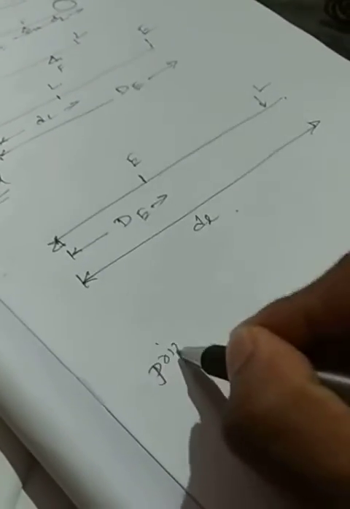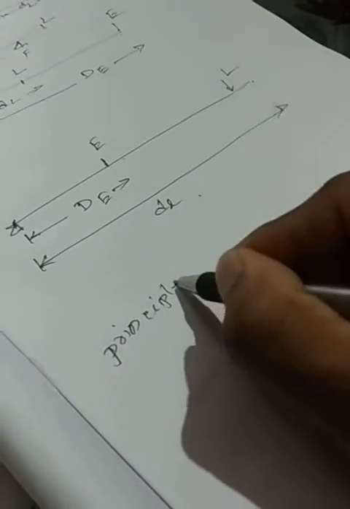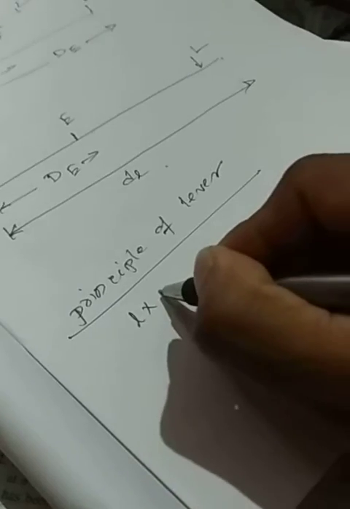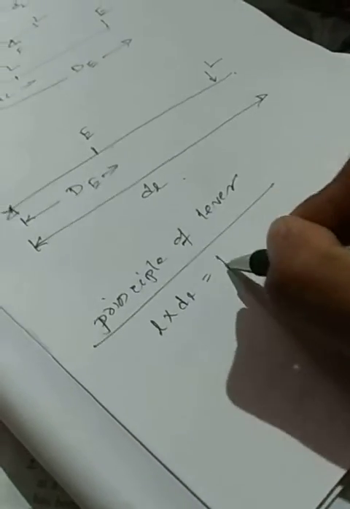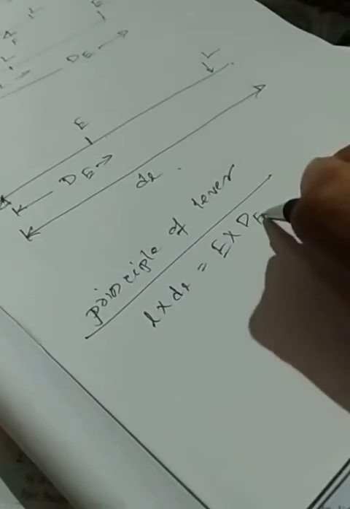A very, very important thing: the principle of lever. What is the principle of lever? Remember, load into load distance equals effort into effort distance. And before that, you should know mechanical advantage and velocity ratio.